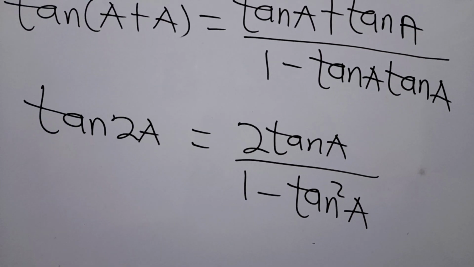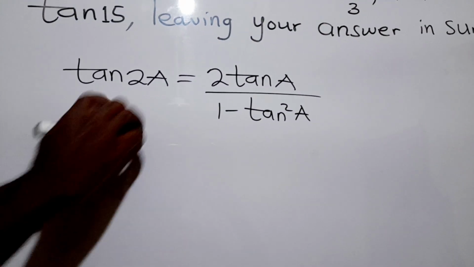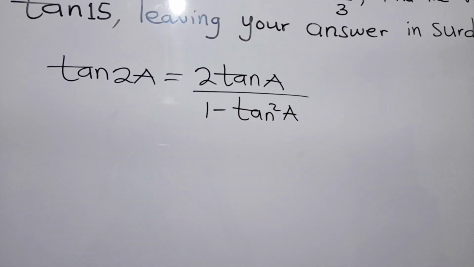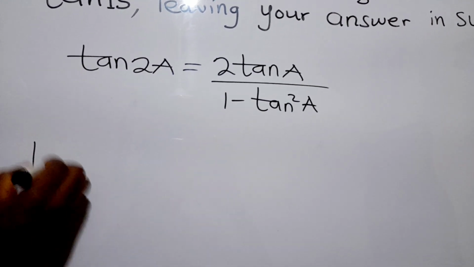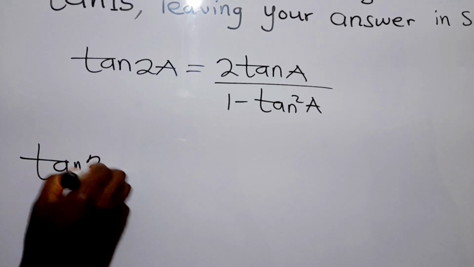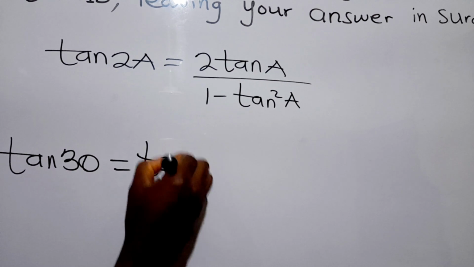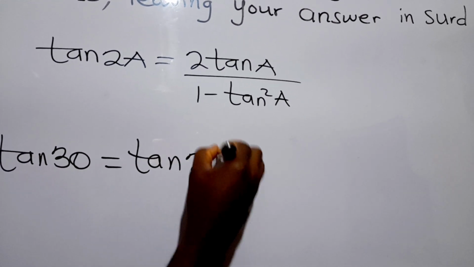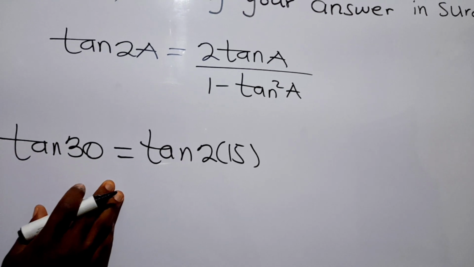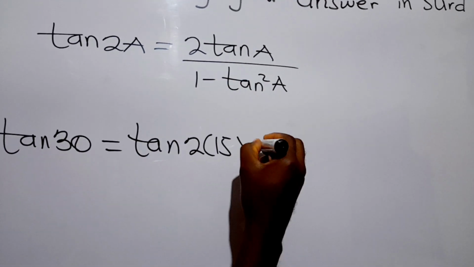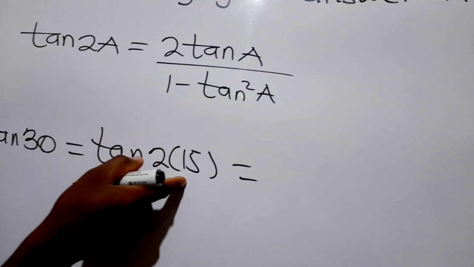We'll use this to find the solution to the problem. Having known that tan 2A is equal to 2 tan A over 1 minus tan squared A, we can say our tan 30 can be rewritten as tan 2 times 15. 2 times 15 will give us 30. Comparing this, that means A is 15.